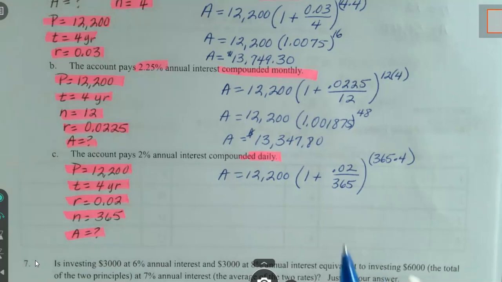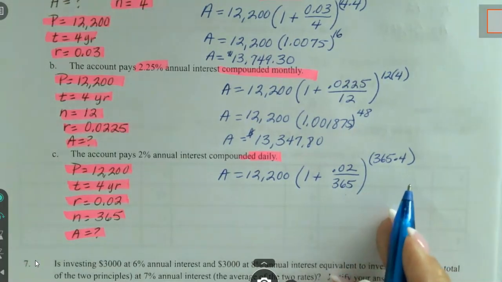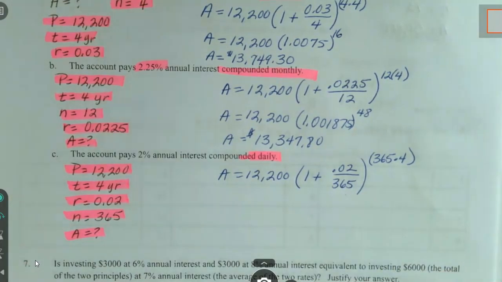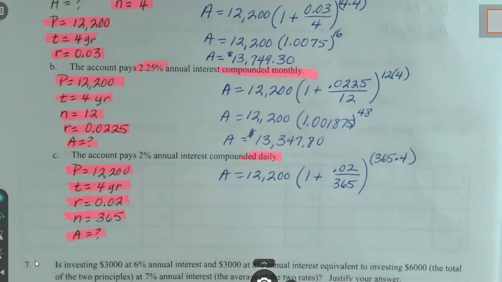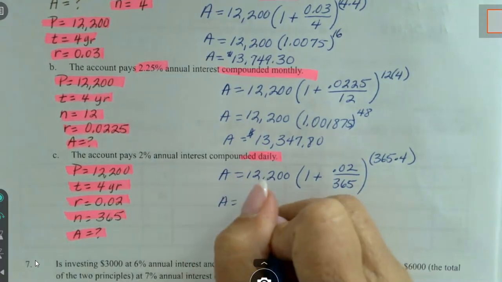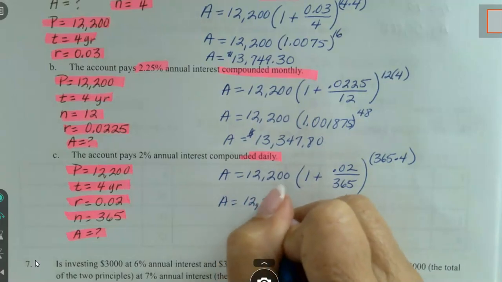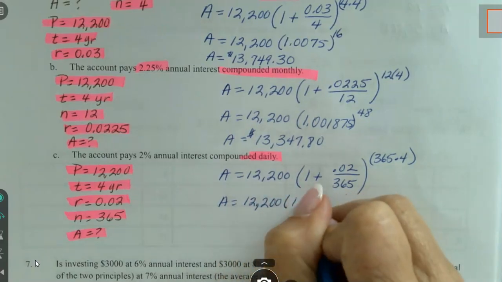Again, I'm using 365 this time, and this one on mine does give a very long decimal value.